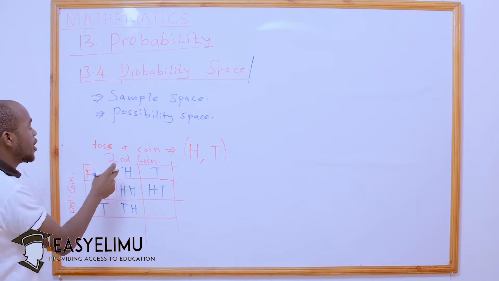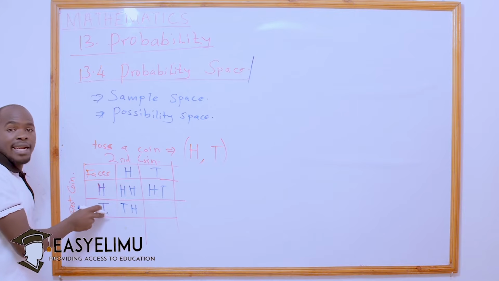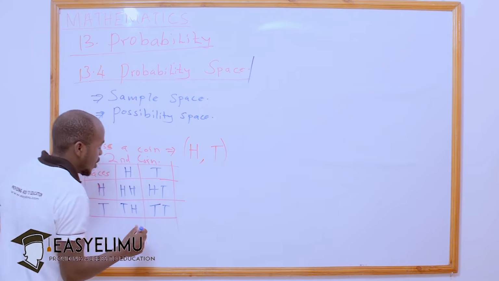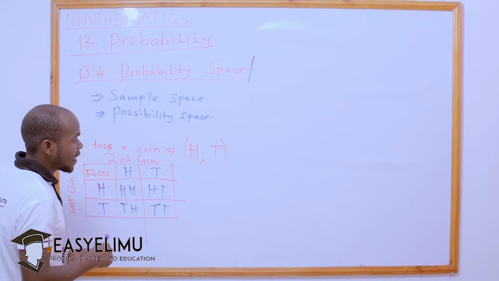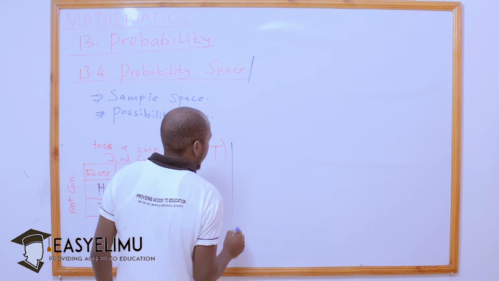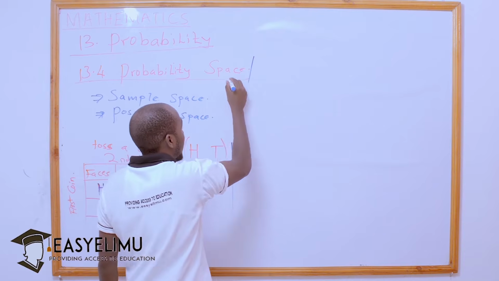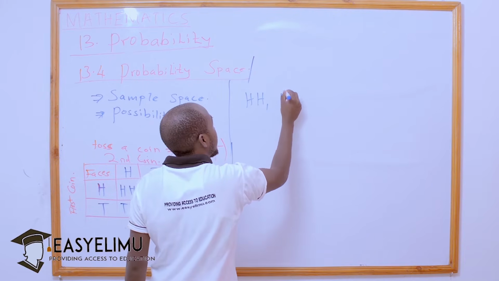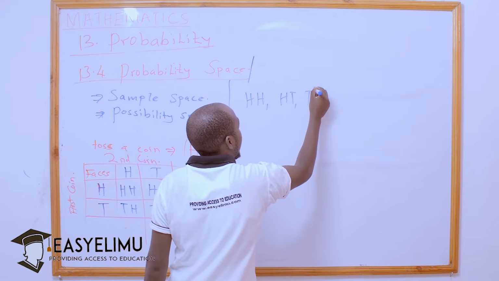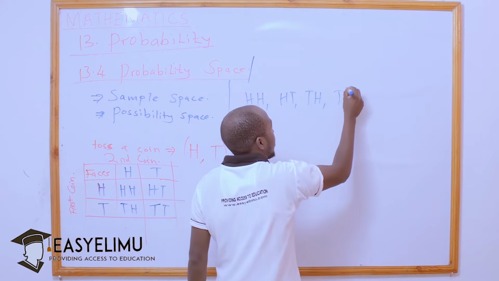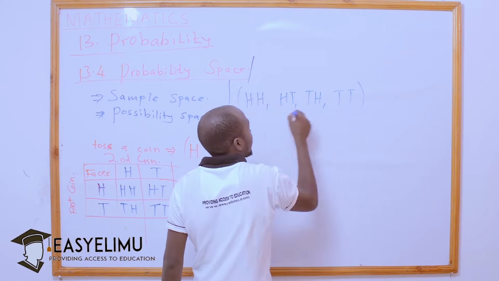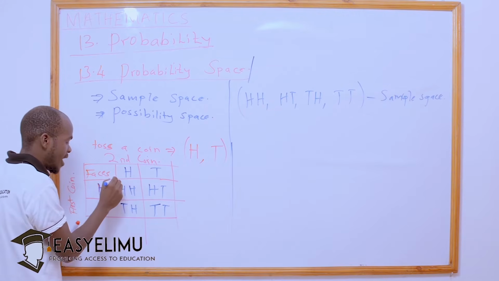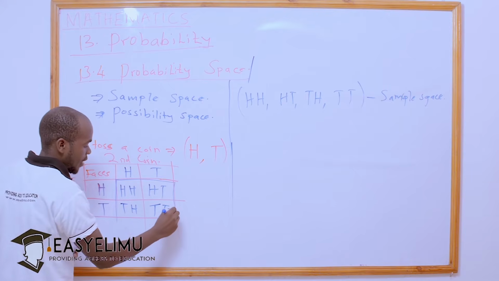And if the first coin shows a tail, the second coin may show a tail also. So we have head, head, head, tail, tail, head, and tail, tail. This is what we refer to as the sample space. This is our working space.